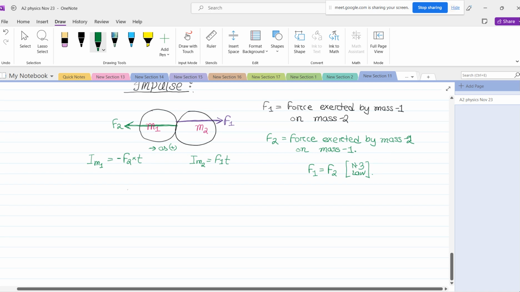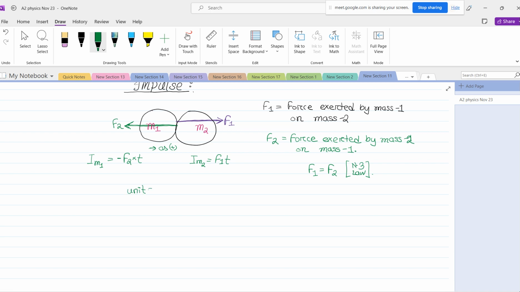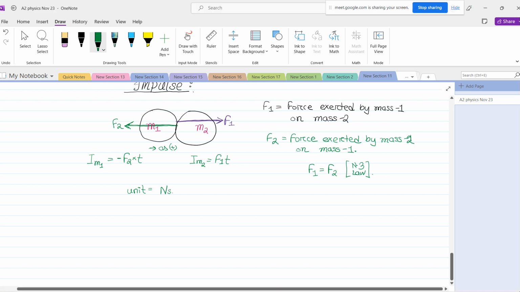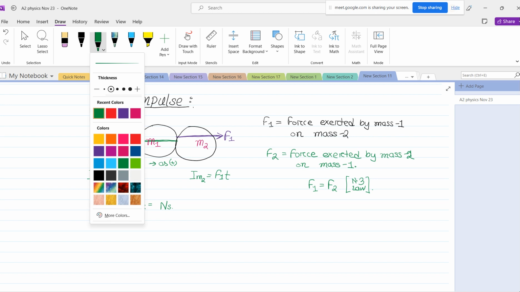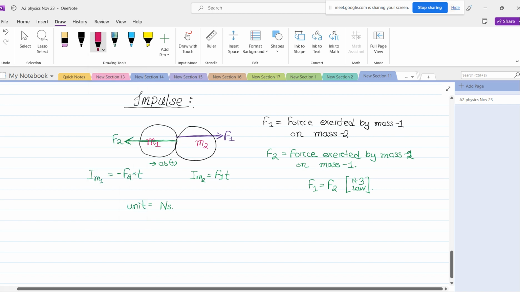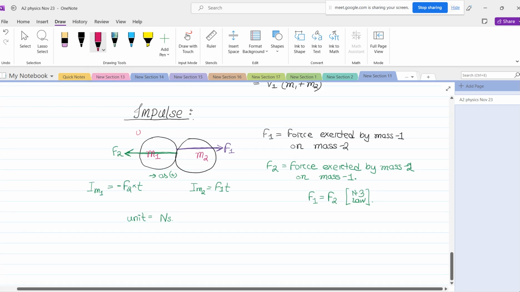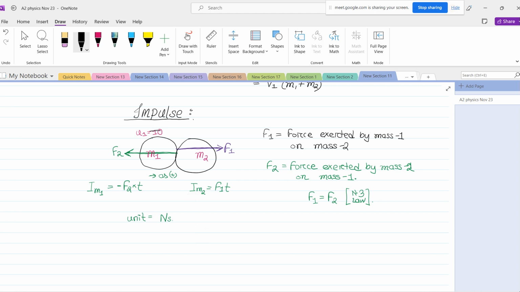Yes, ma'am. Okay, so the unit will obviously be Newton second, as we are just dealing with force and time. And again we can calculate impulse with change in velocity too. For example, for mass 1, let's not give any values at this point.